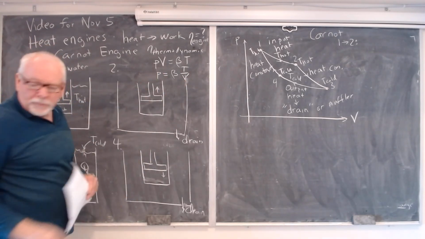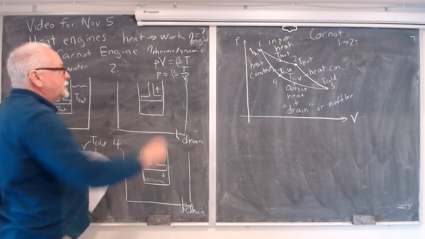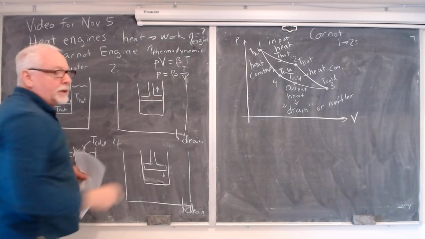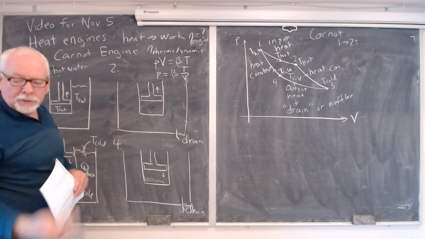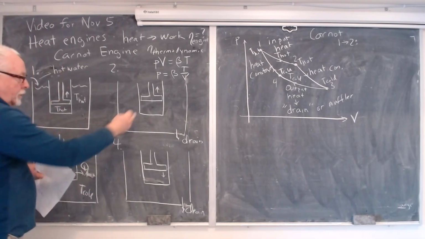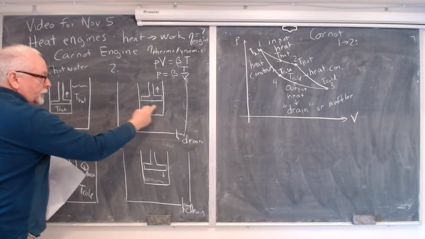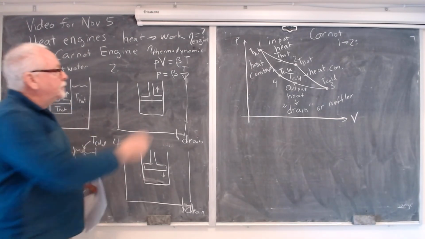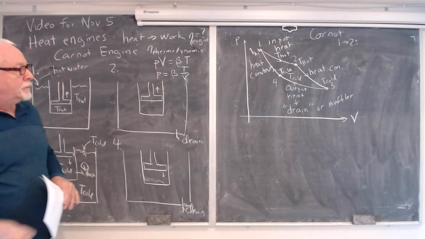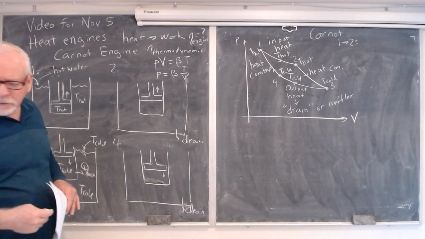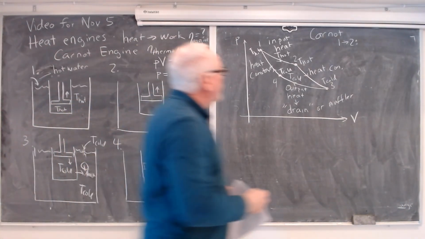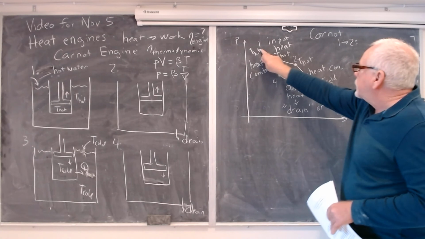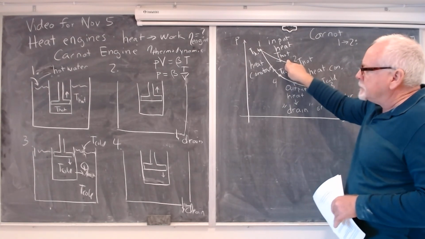Those of you who remember your chemistry in the actual ideal gas law, remember that within this beta here, there's Rydberg's constant and the number of moles of gas, but our cylinder is sealed, so the number of moles of gas is a constant. So beta is some constant that I'm just going to put in there for convenience for the mathematics at this point. Now, from 1 to 2, the temperature of the gas is at T hot.